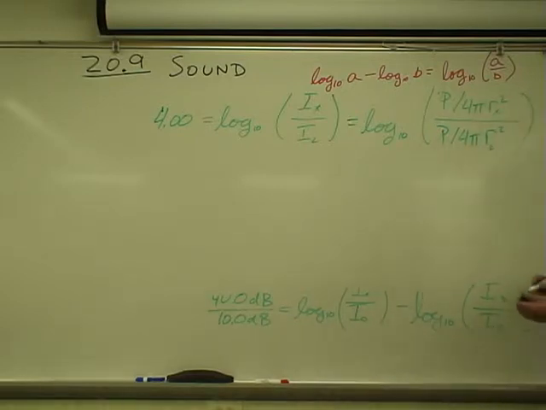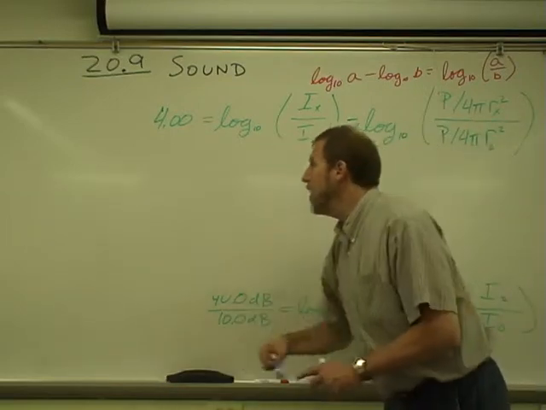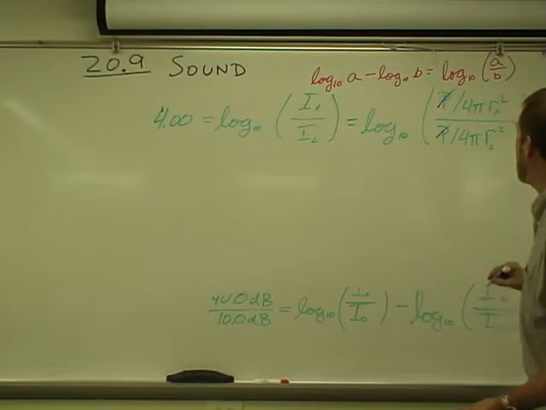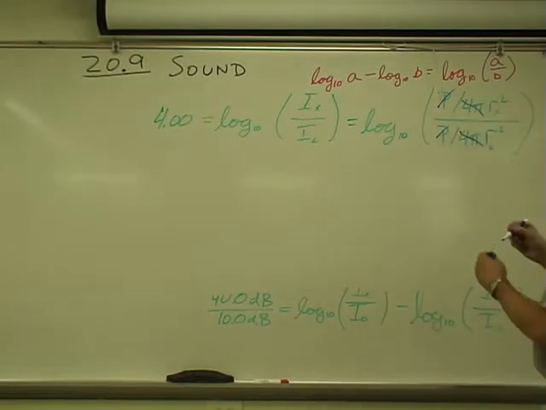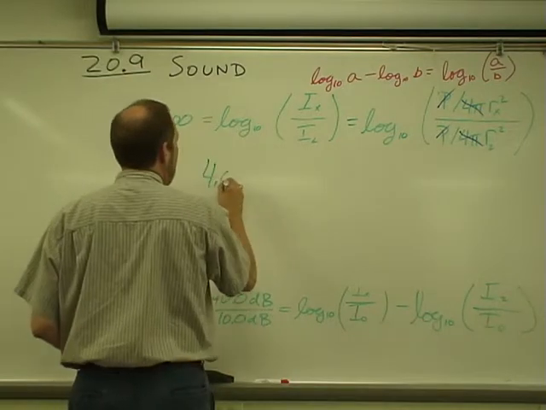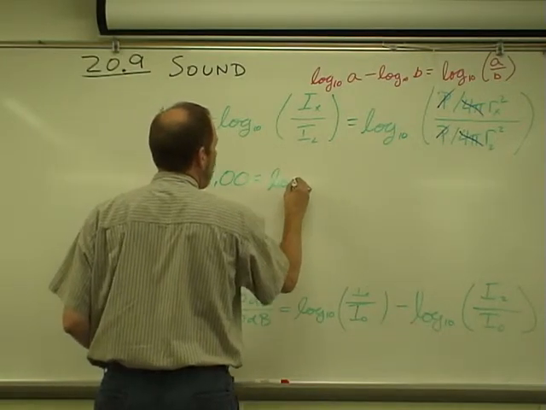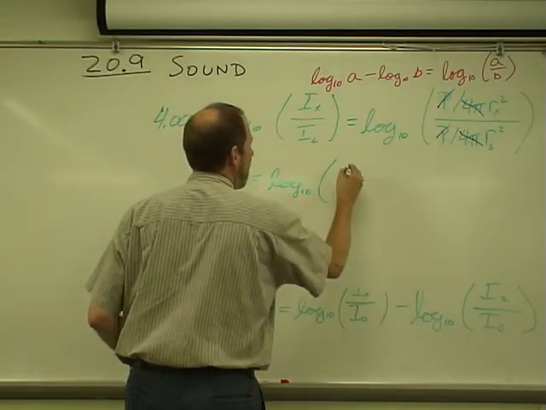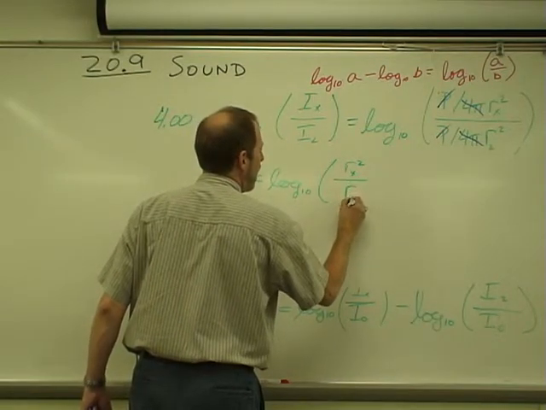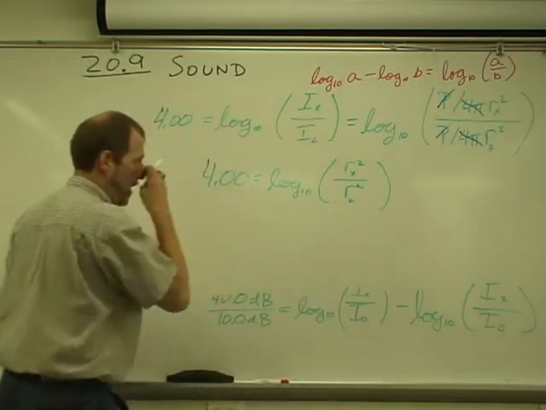And what's wonderful here is that it's the same noise. So the power is the same, that cancels out. 4 pi is the same, that cancels out. So I've got 4 is equal to the log base 10 of r x squared over a radius of 2 meters squared.